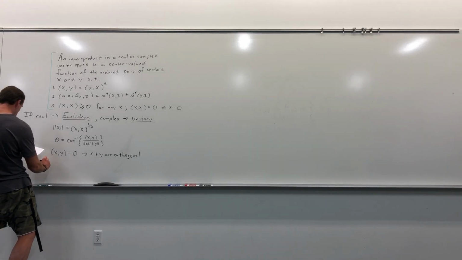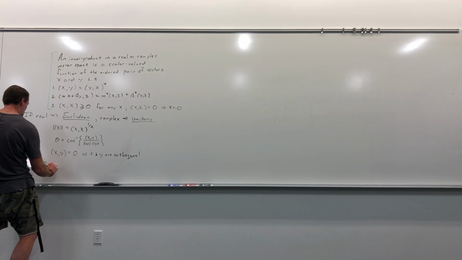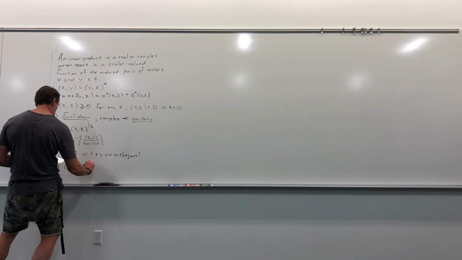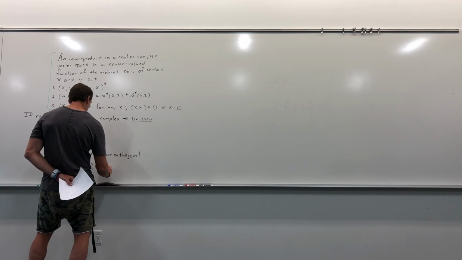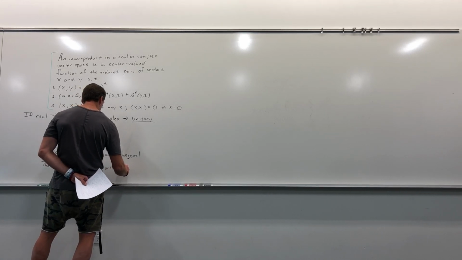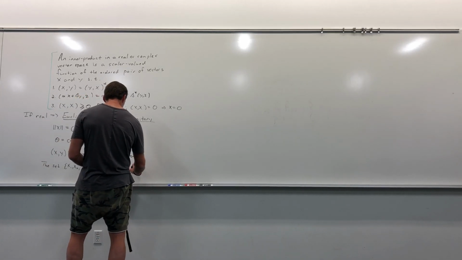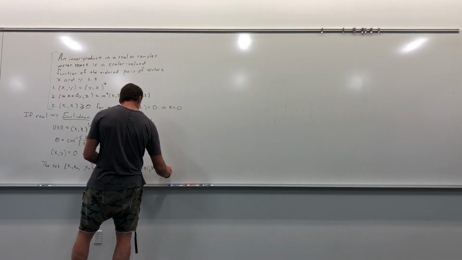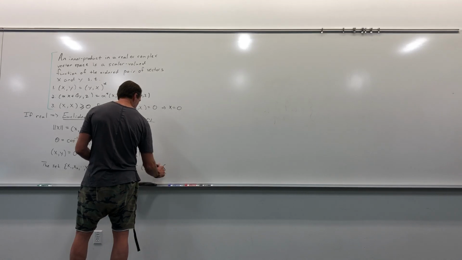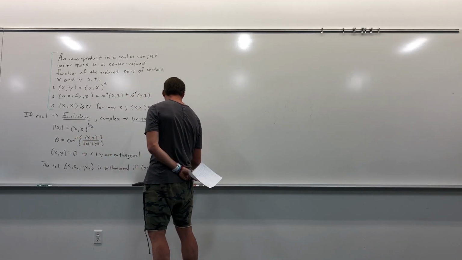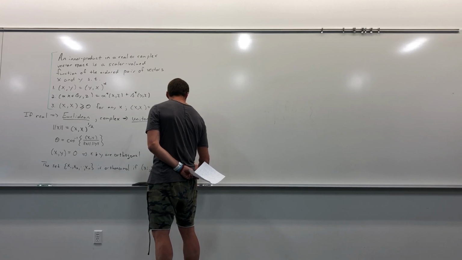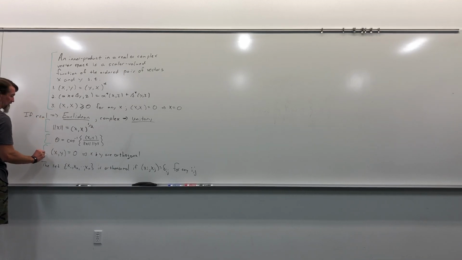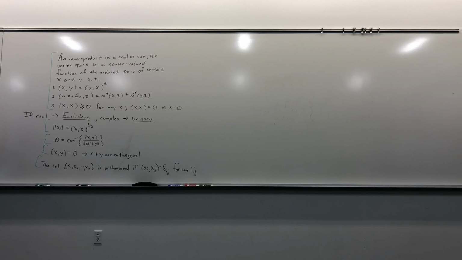That is, the set x1, x2 up to xn is orthonormal if the inner product of xi with xj is just the delta function, delta i j, for any i and j.